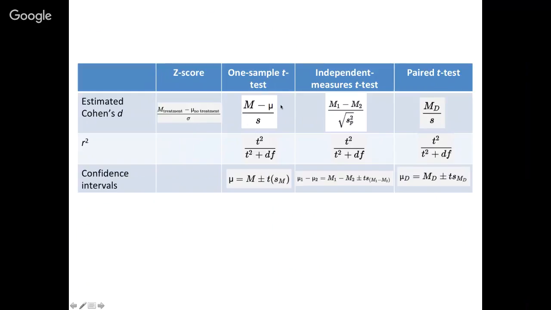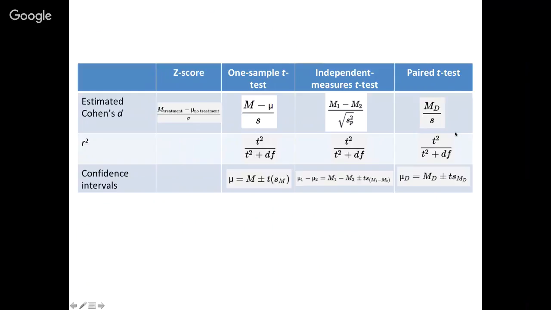And this is the formula for the one sample t-test. We replace the population standard deviation with the sample standard deviation because we don't know the population standard deviation. For the independent measure t-test, we use the square root of the pooled variance as the estimated standard deviation.